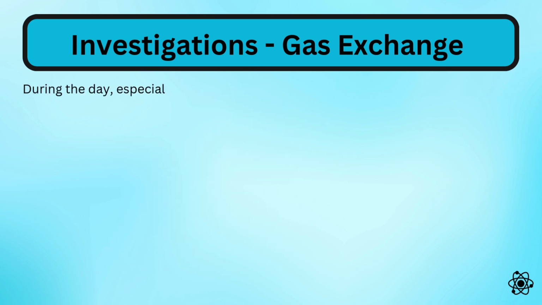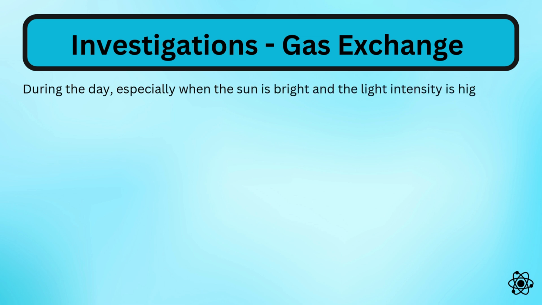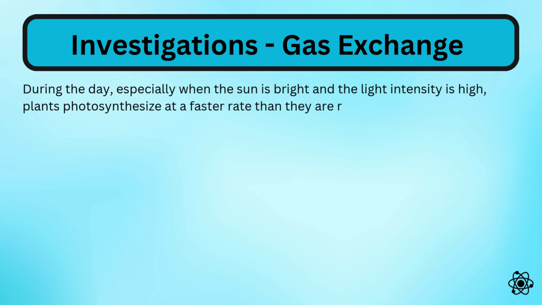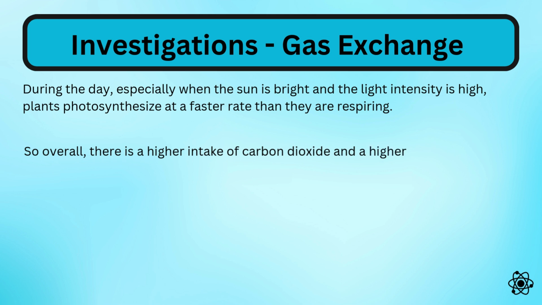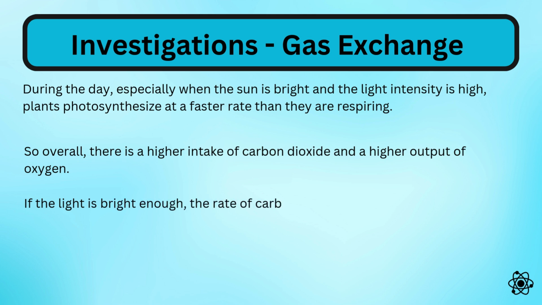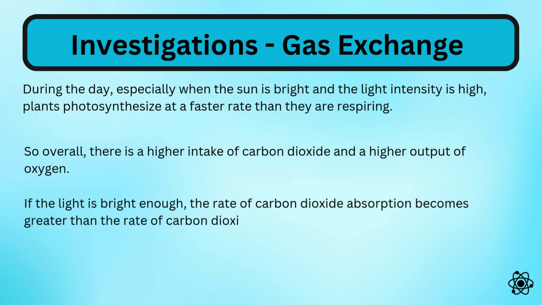During the day, especially when the sun is bright and the light intensity is high, plants photosynthesize at a faster rate than they are respiring. So, overall, there is a higher intake of carbon dioxide and a higher output of oxygen. If the light is bright enough, the rate of carbon dioxide absorption becomes greater than the rate of carbon dioxide release.